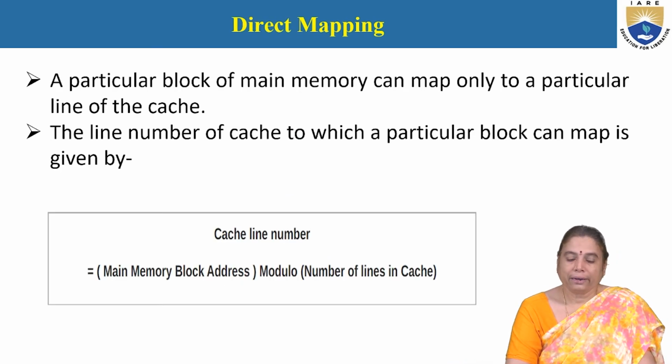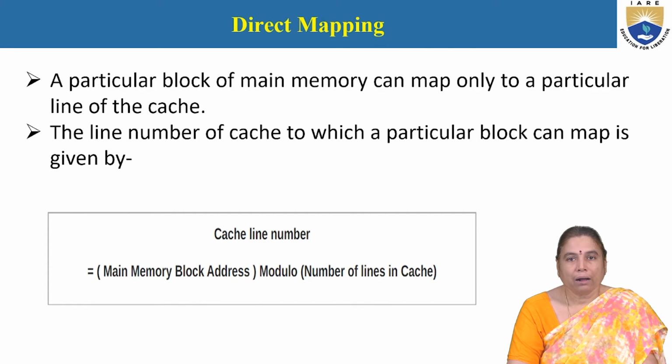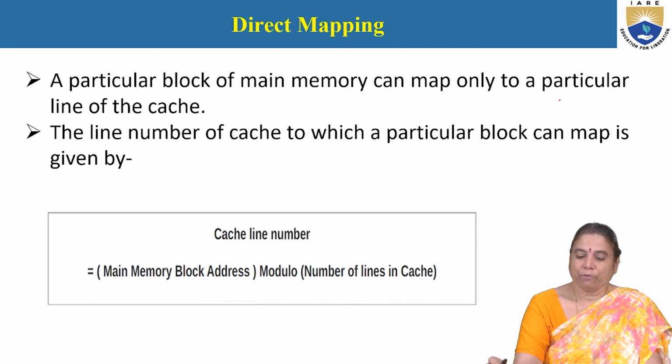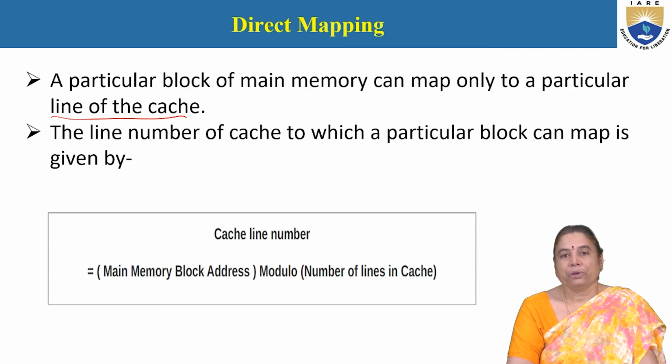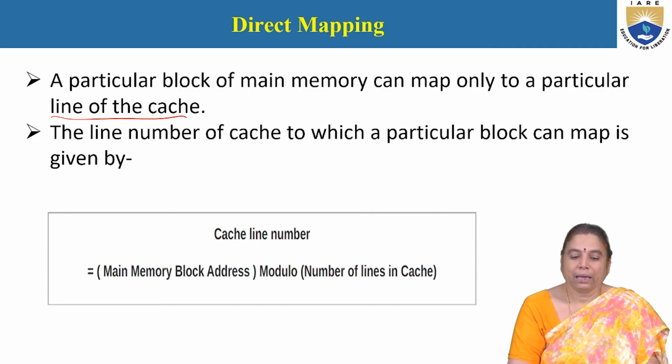In case of direct mapping, a particular block of main memory can be mapped only to a particular line of cache memory. The main memory can be partitioned into blocks, and the cache can be partitioned into lines. So each block of main memory can be mapped to a line of the cache.